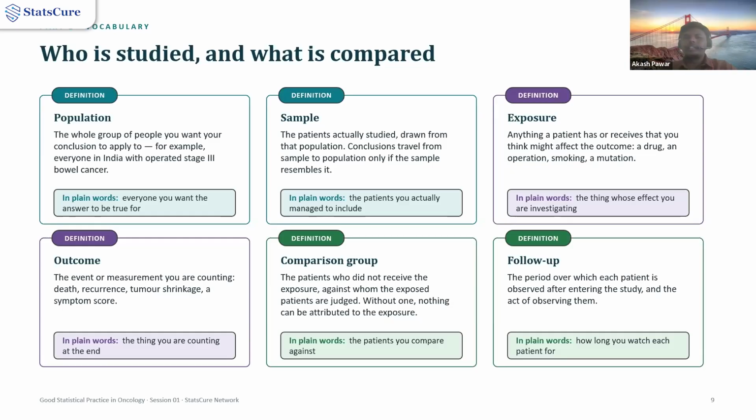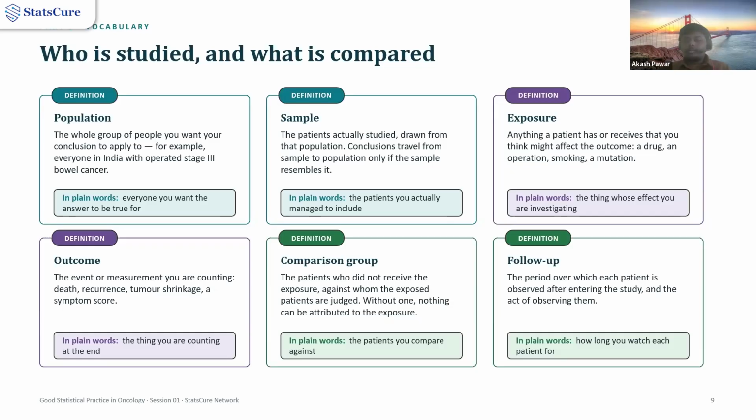What is the rate of lung cancer, right? For clinical trials, it would be the experimental treatment you are giving versus the control arm. It is easy to establish efficacy and relative risk when you have a comparison group. So we have to define a comparison group. Is it required in your study? Not required? That is another question. But if it is, then you have to define your comparison group as well.